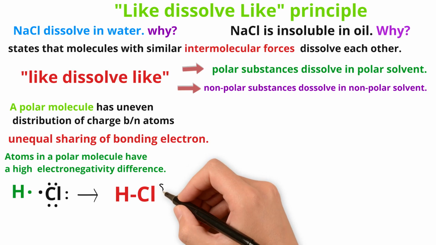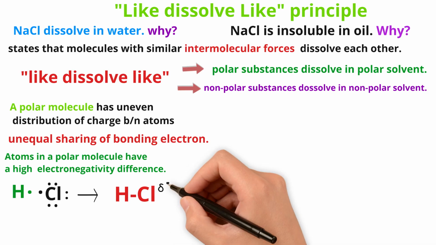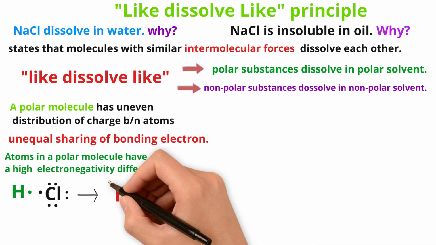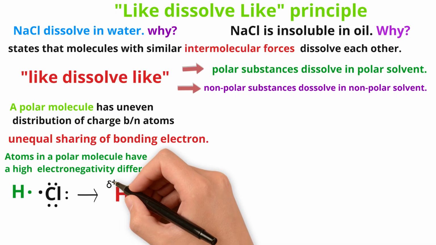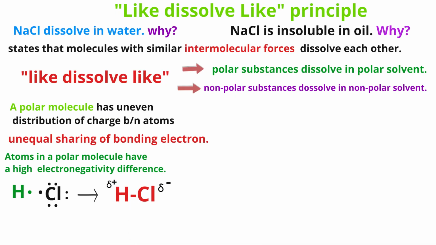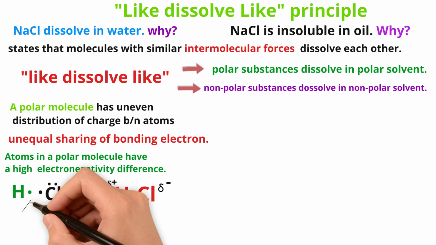These shared electrons form a single bond, and this single bond we call the bonding electrons. In HCl, chlorine carries a partial negative charge, but hydrogen carries a partial positive charge because the bonding electrons shift around the nucleus of chlorine.